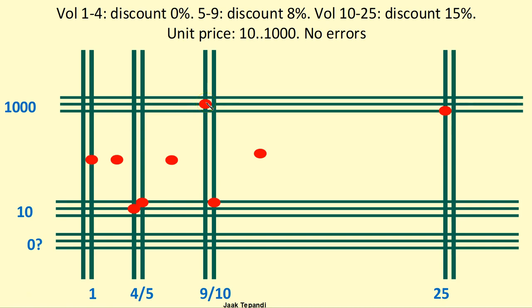So for 1000, 999, this is intermediate, then it's 11 and 10.